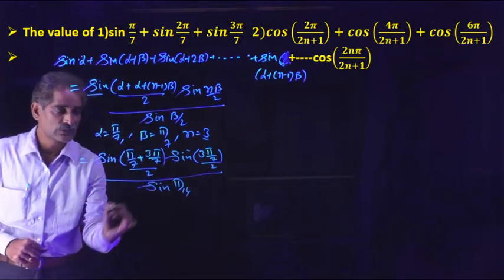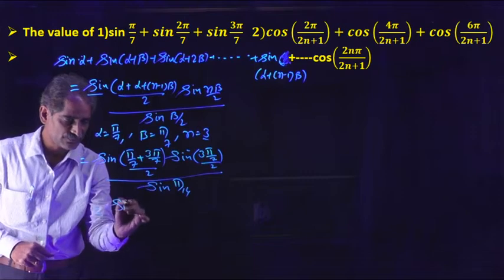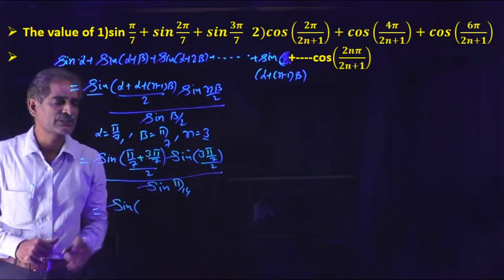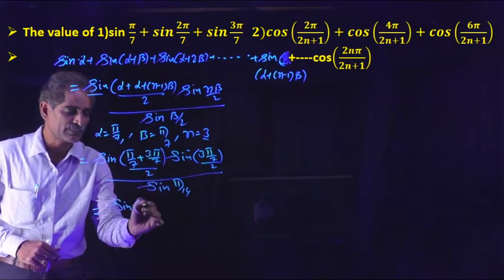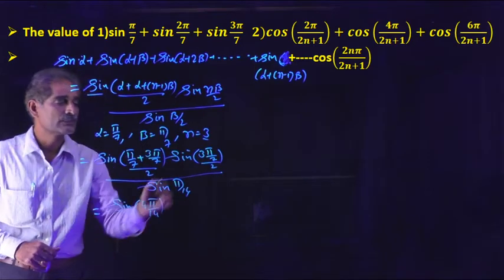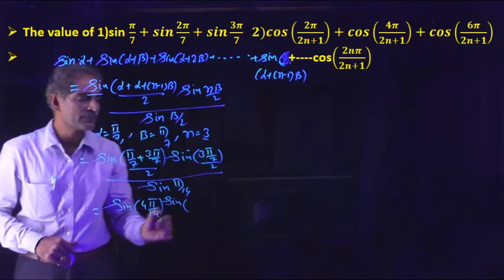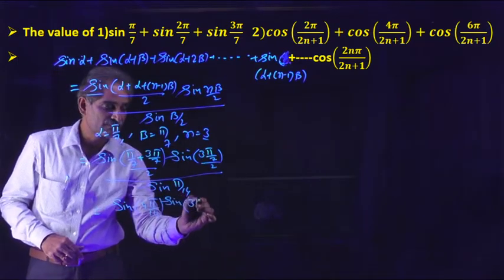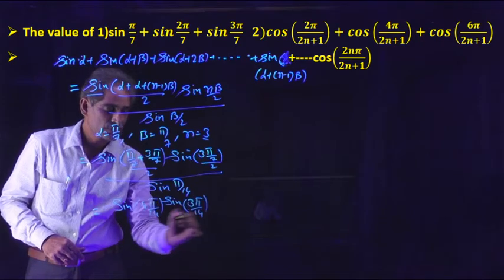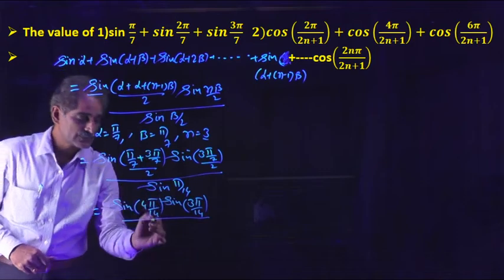So now this bracket value is sine of pi by 7 plus 3 pi by 7, 4 pi by 7 divided by 2, means 4 pi by 14. Next, sine of 3 pi by 7 by 2, means 3 pi by 14, whole divided by sine pi by 14.